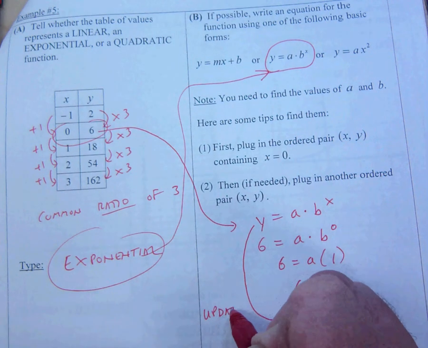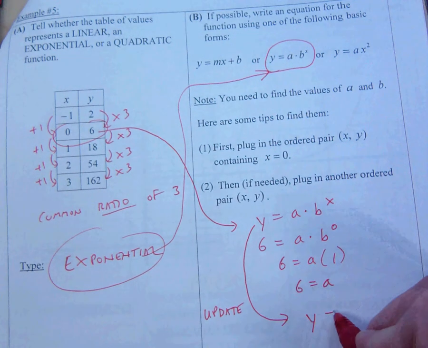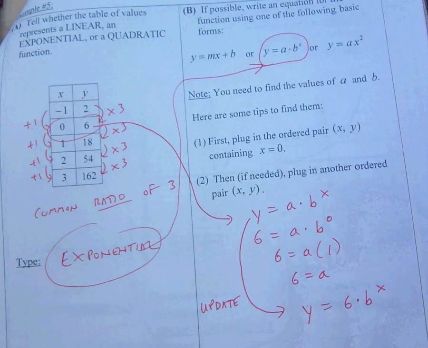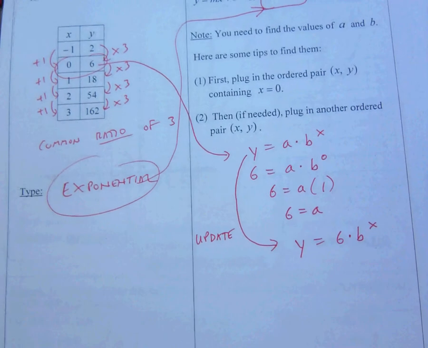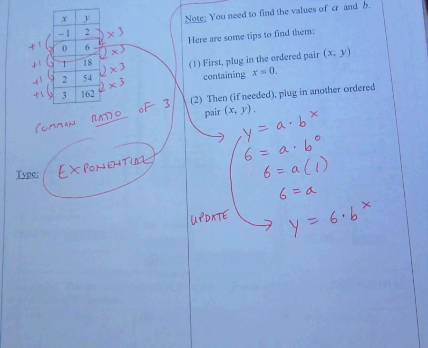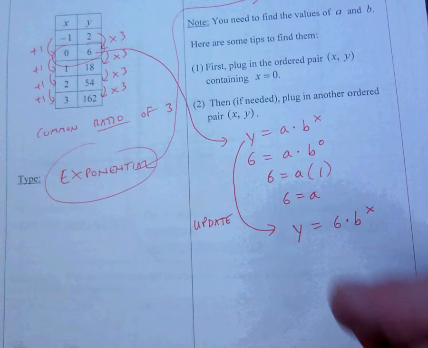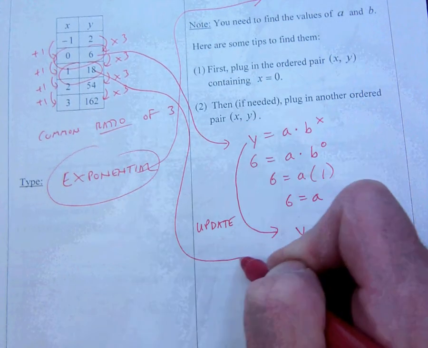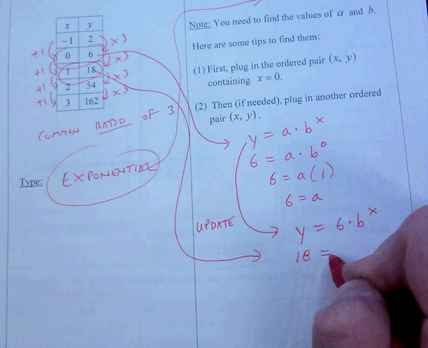Update this equation now. When you update it with the a value, you get y equals 6 times b to the x. And so now all you got to do is find b and you'll be done, right? To find b, you pick another point. Which other point you want to pick? 1, 18. That's fine, doesn't really matter. Let's pick that one. Put 18 there.